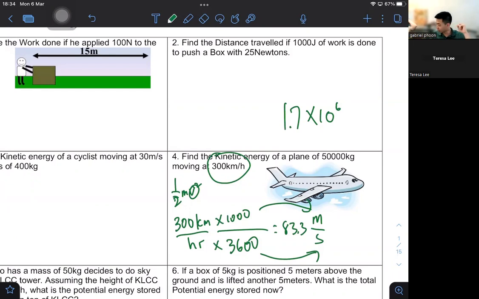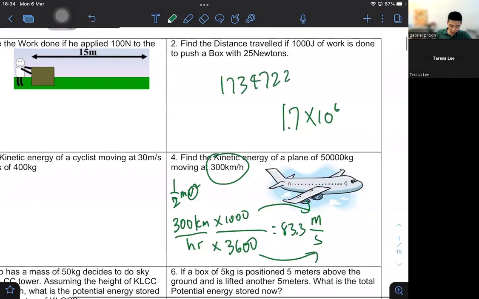You should get a raw number of 173472250. Do you get this raw number or not, Jose? It should be 1, 2, 3, 4, 5, 6, 7, 8, right?